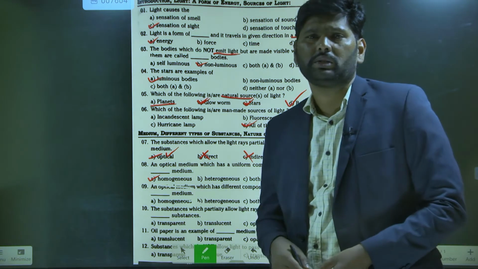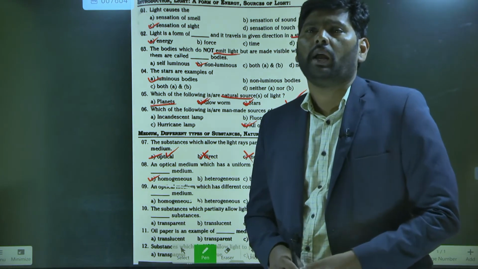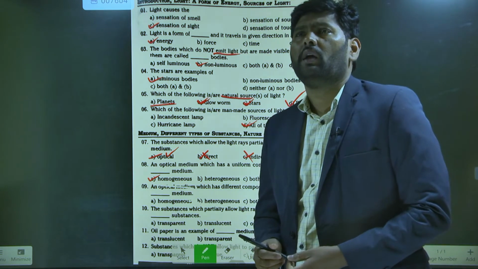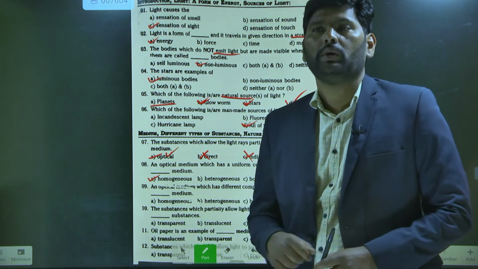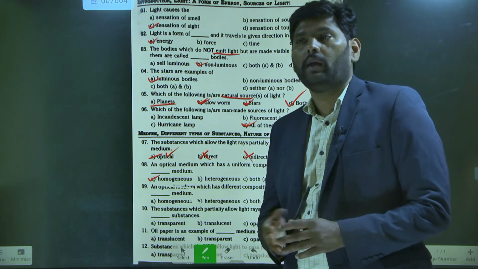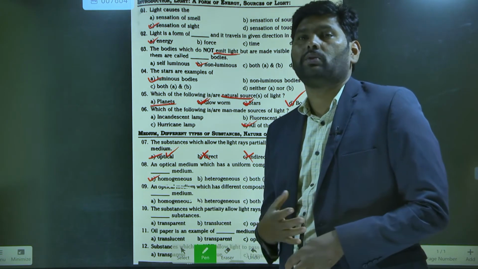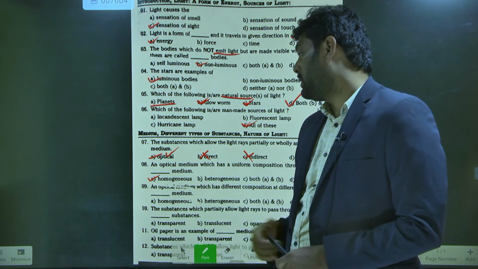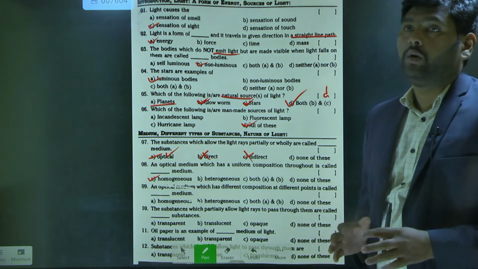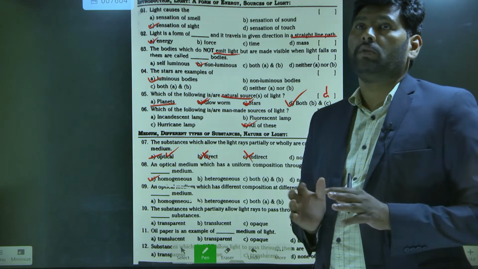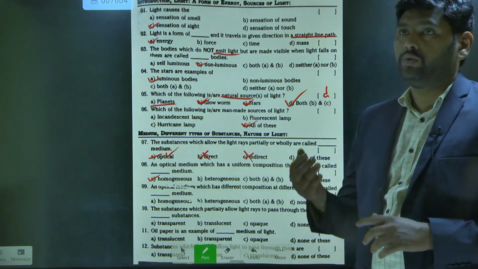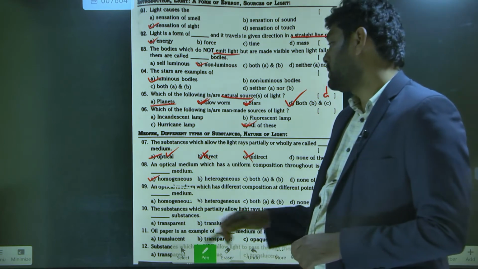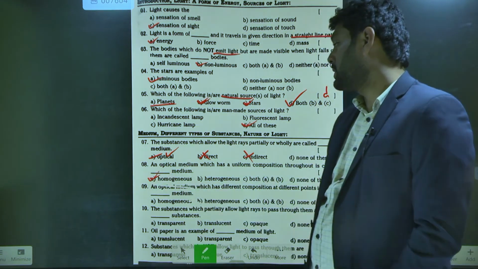Colloidal solutions we can all consider as heterogeneous mediums. The best example of a colloidal solution is our soup. The soup is a colloidal solution. Water is transparent, and all its molecules are equally distributed and uniform, so we can call it homogeneous. The example for homogeneous is water.